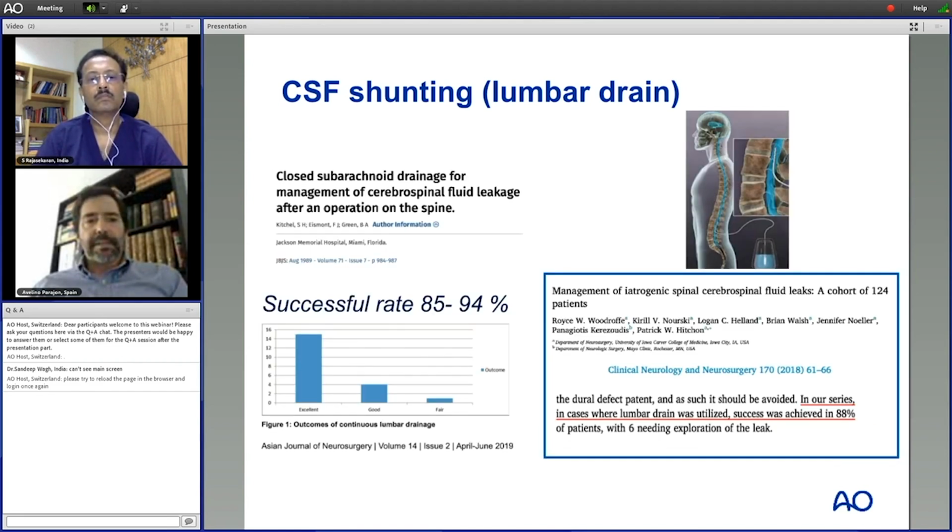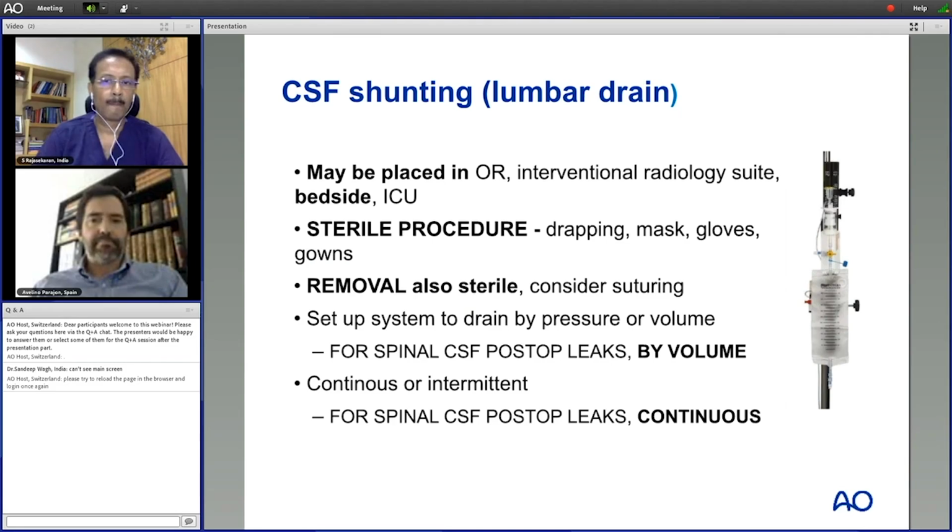We know that the success rate of the lumbar drain is very high, probably around 90% of the cases. The lumbar drain is something that surgeons and nurses need to learn about. It can be easily placed even at the bedside. It's a sterile procedure when you put it and also when you remove it, to prevent serious or severe infections.